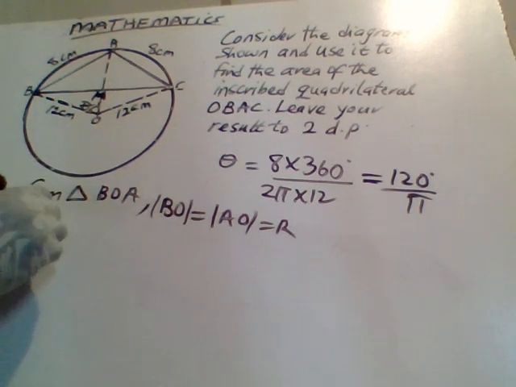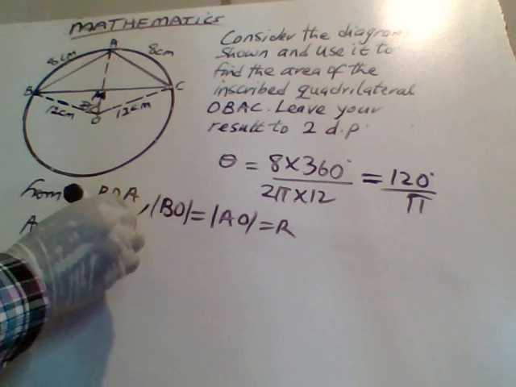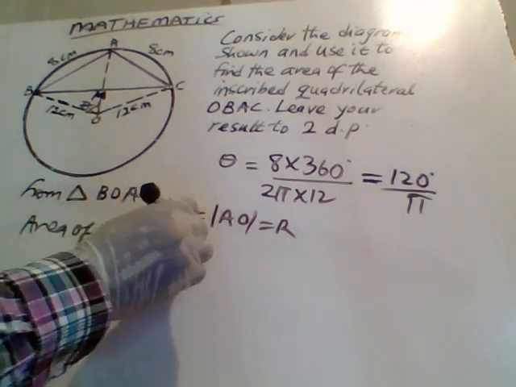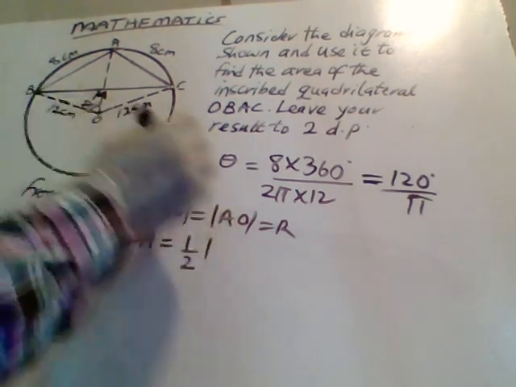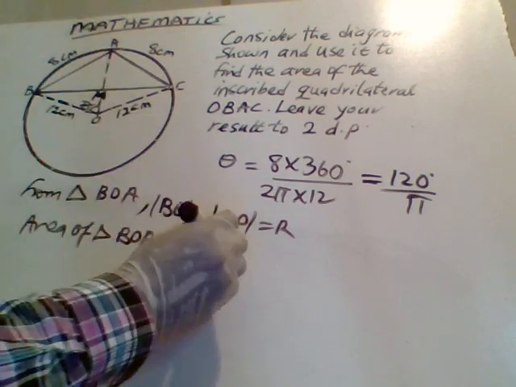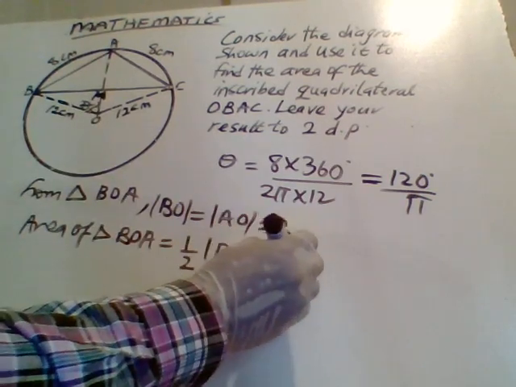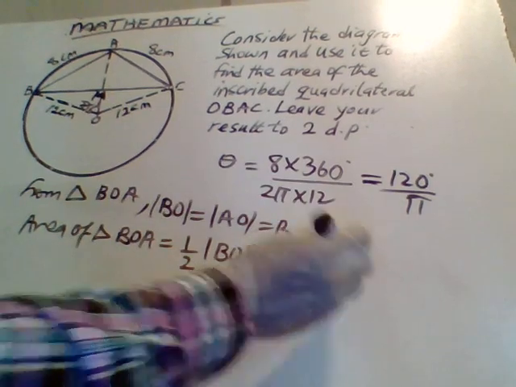The area of triangle BOA is equal to half, taking either side, BO squared sine theta.